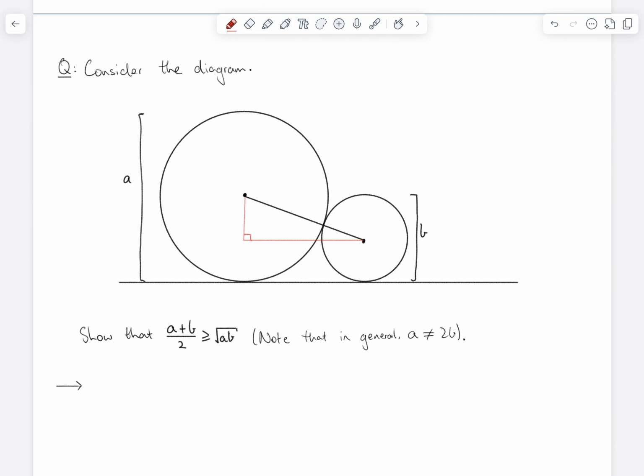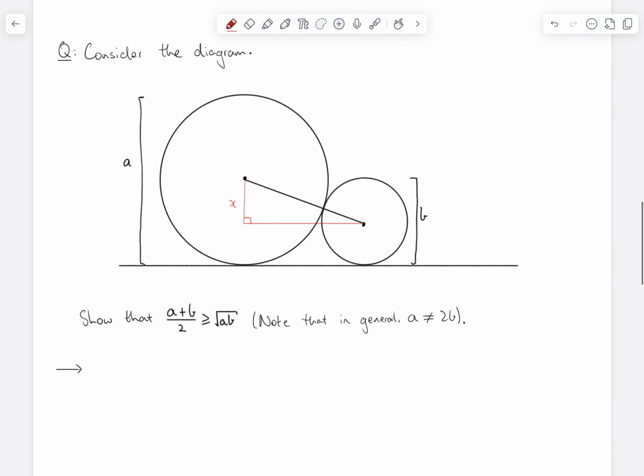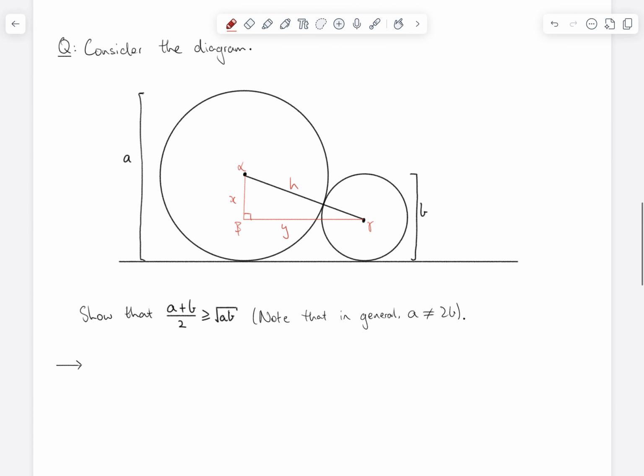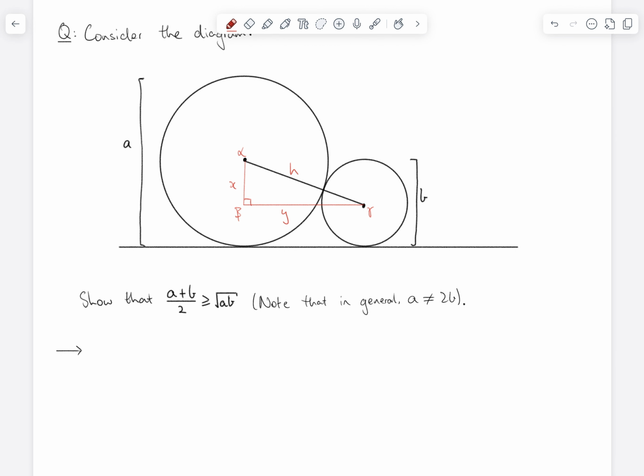Okay, so let's label the sides of this right-angled triangle x, y, and the hypotenuse h. And let's label the corners of this triangle alpha, beta, and gamma. Okay, so let's just make up some equations here.